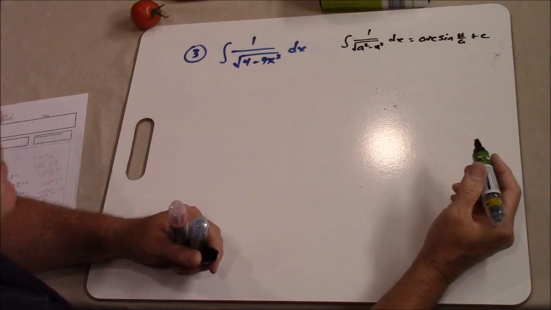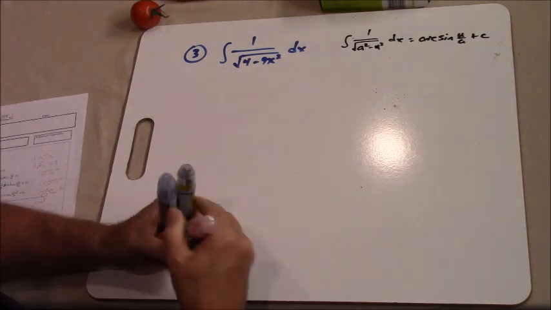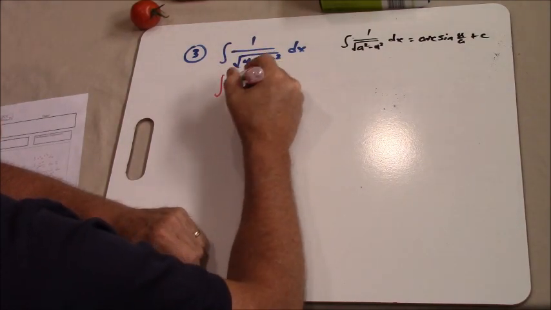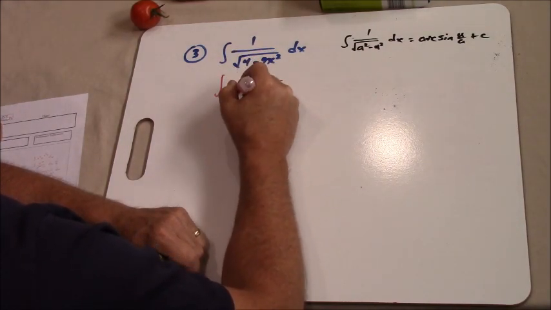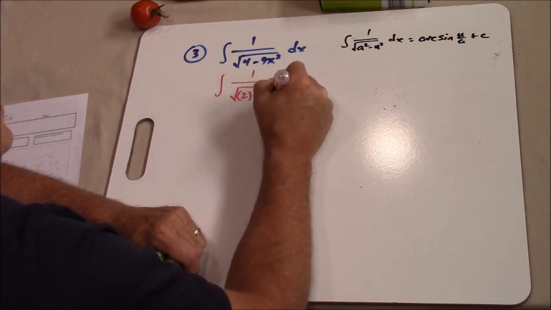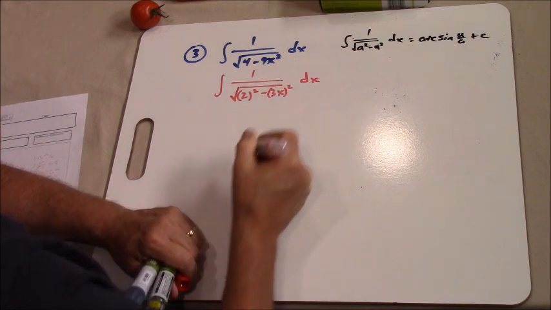The most important thing is deciding what's u and what's a. So if I rewrite this, I'm going to look at it as the integral of 1 over the square root of 2 squared minus 3x squared dx.